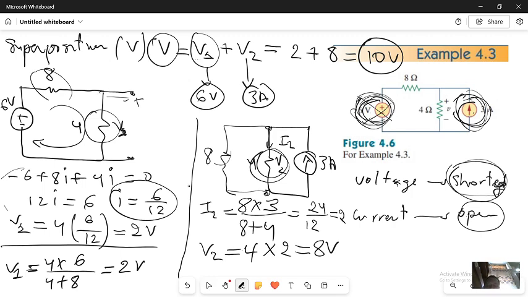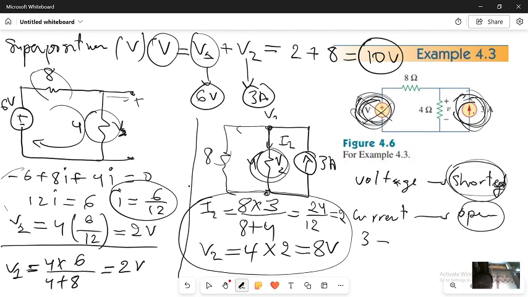Here we used current division. Someone else can use nodal analysis. Right? With KCL, this current is entering, this current is leaving. Now let's use KCL to see.